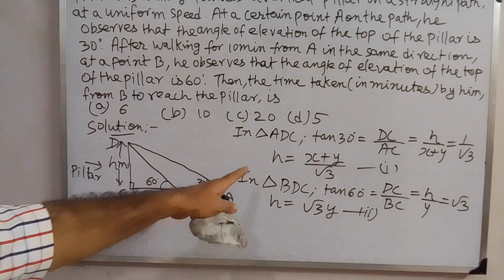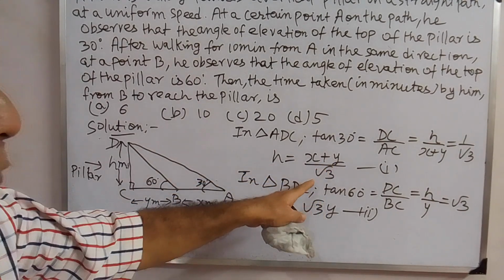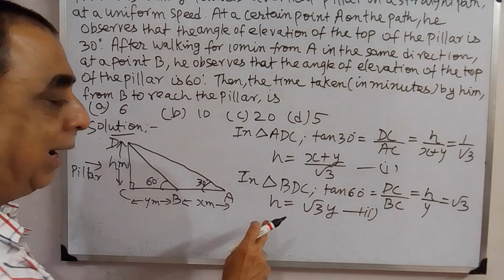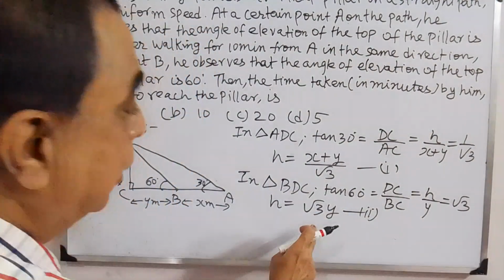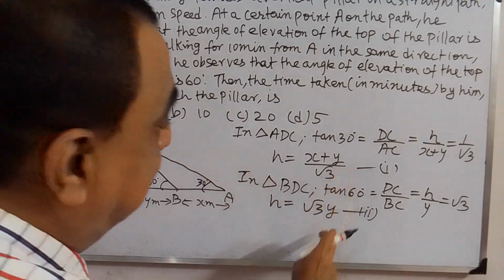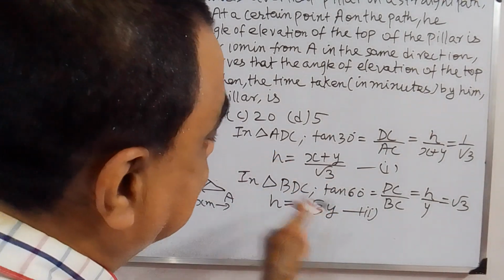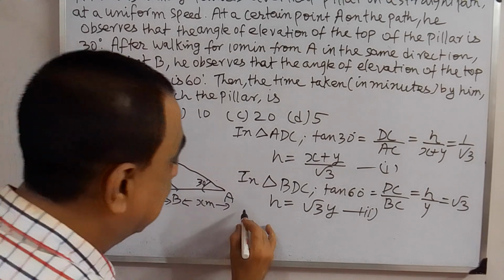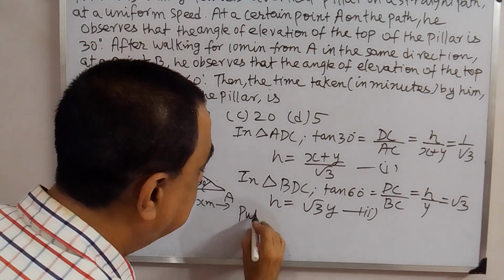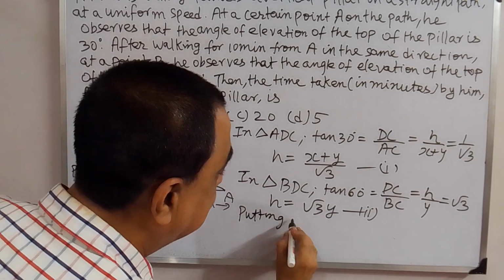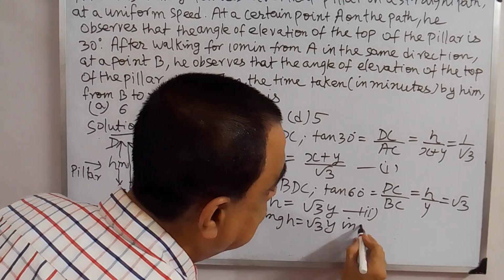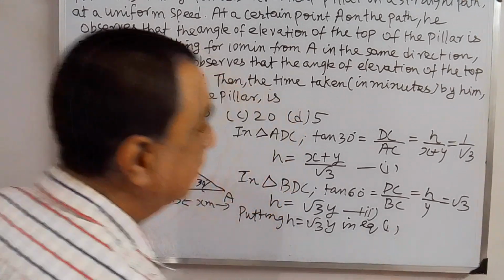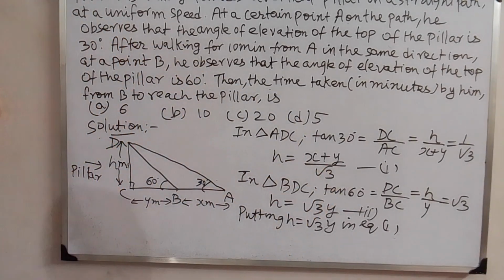Now see here. H is equal to (X plus Y) by root 3 in the first equation, and in the second equation H is equal to root 3 Y. So from 1 and 2, in place of H I can write root 3 Y. Putting H equal to root 3 Y in equation number 1, H will be eliminated.